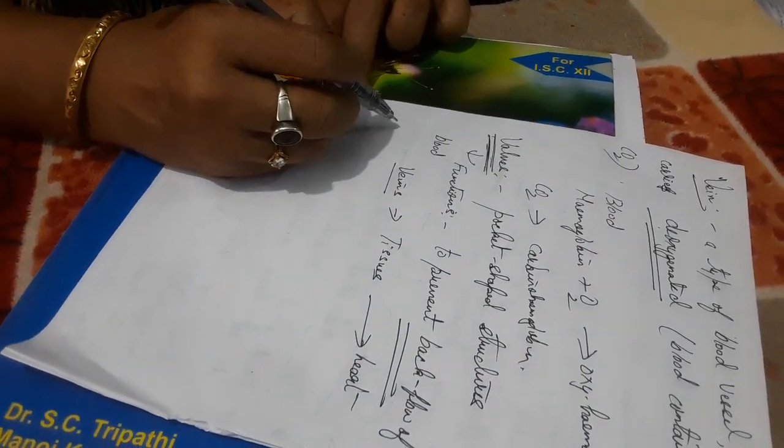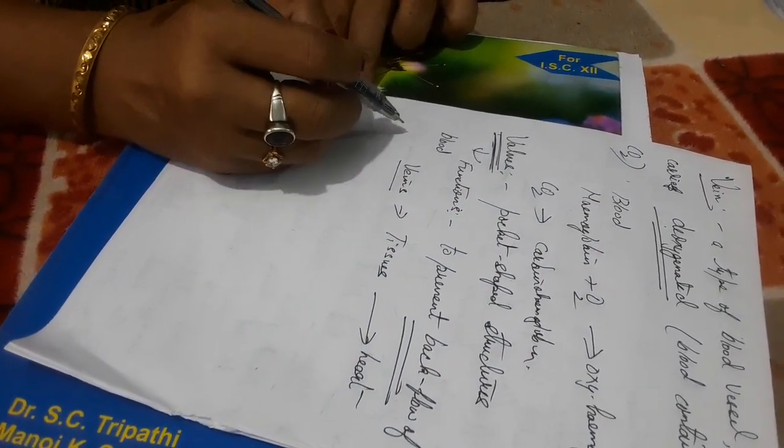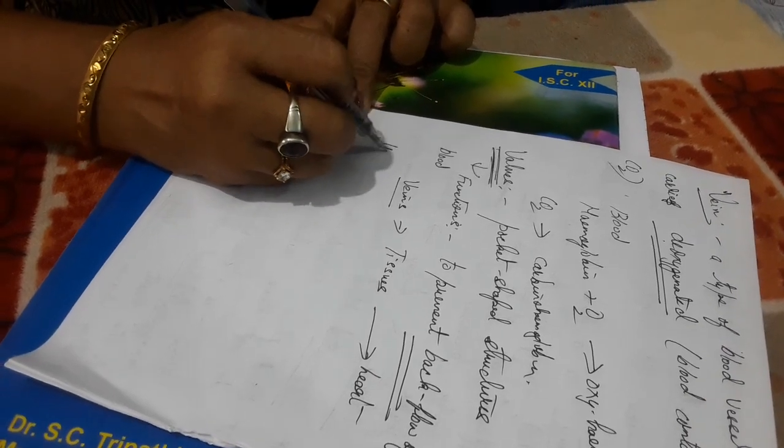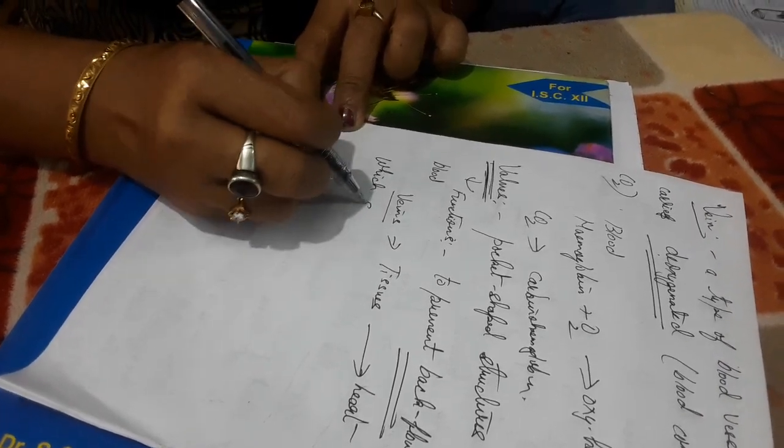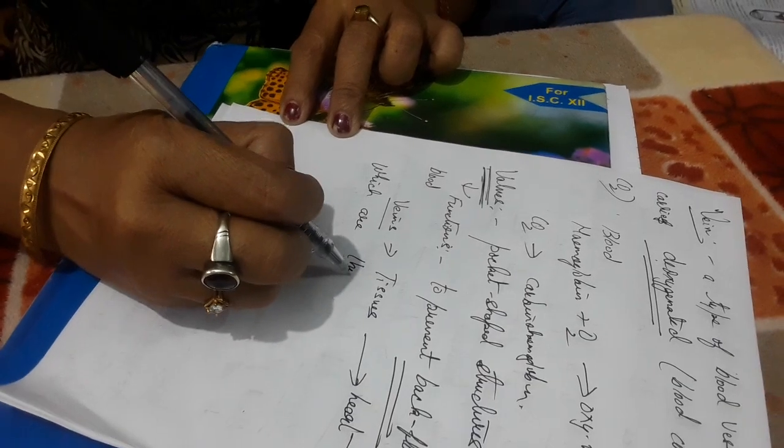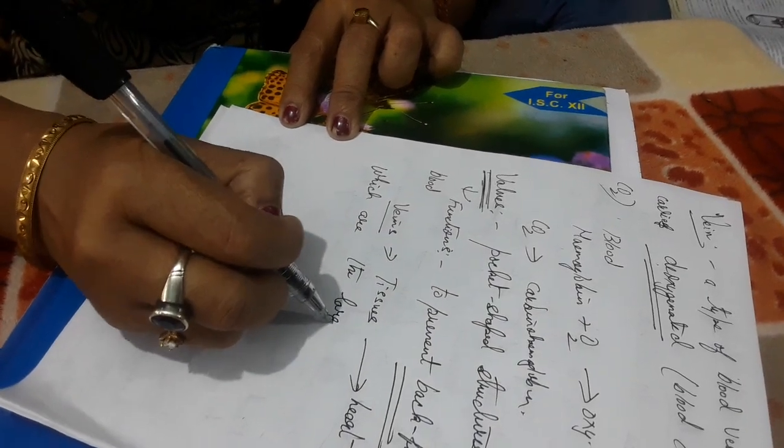We have two largest veins, which are the largest veins in the human body.